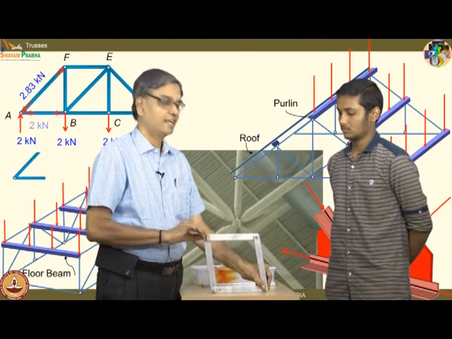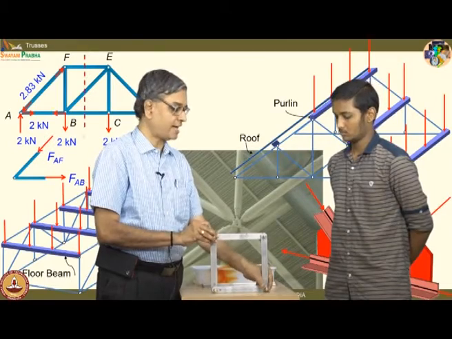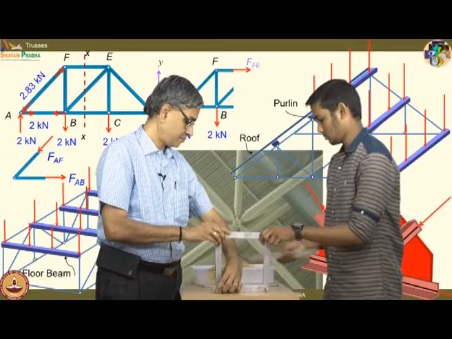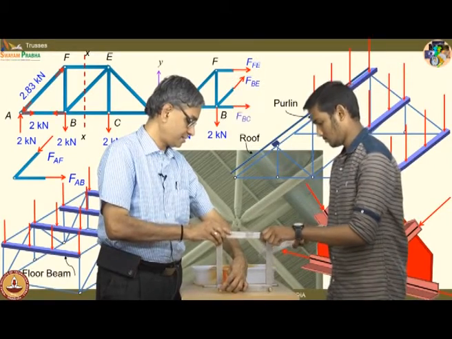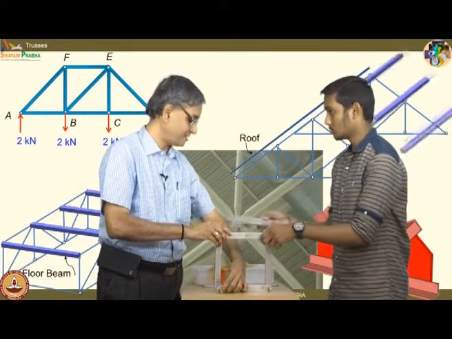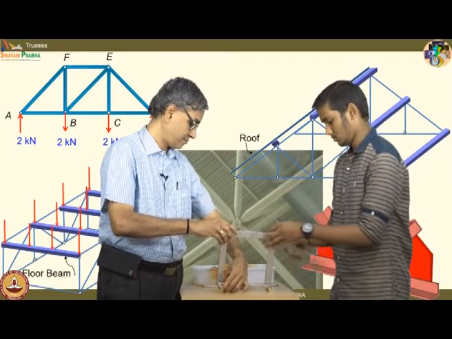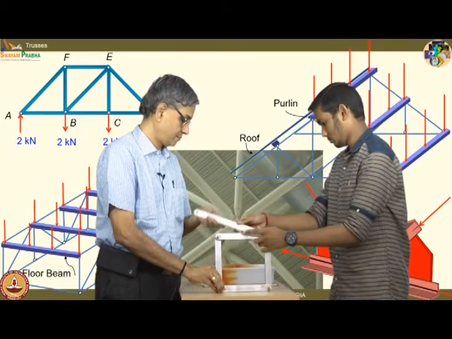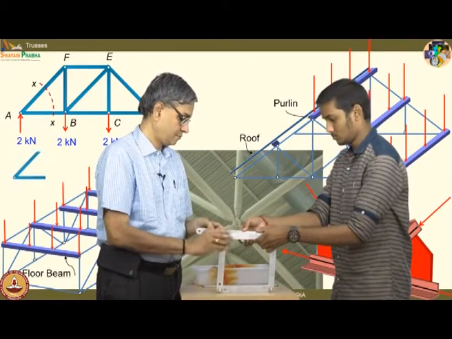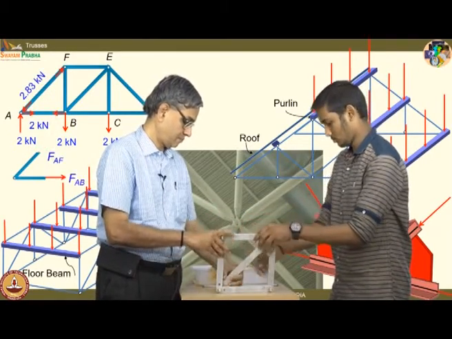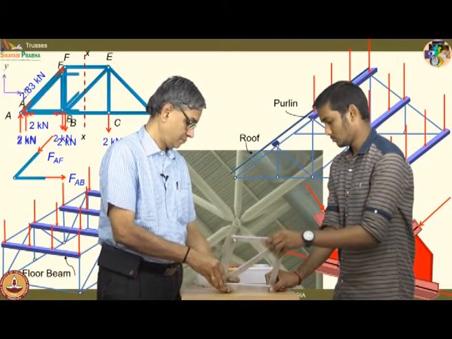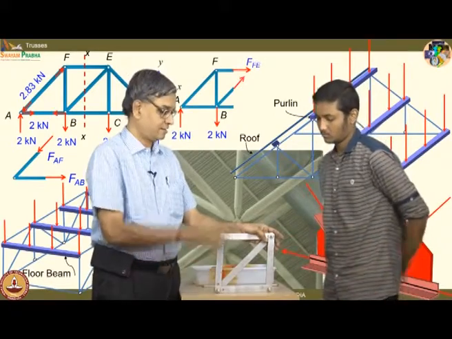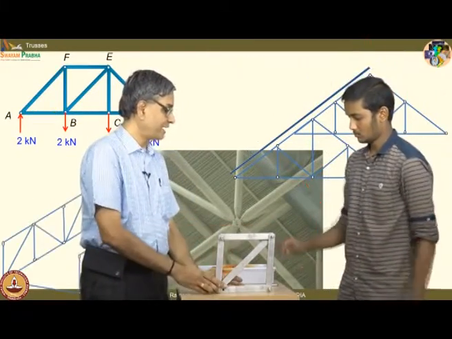Fine. And now, what I am going to do is, I am going to put a diagonal member. Can you take the diagonal member? Insert it, insert from there. And now look at, can you press it with your might?